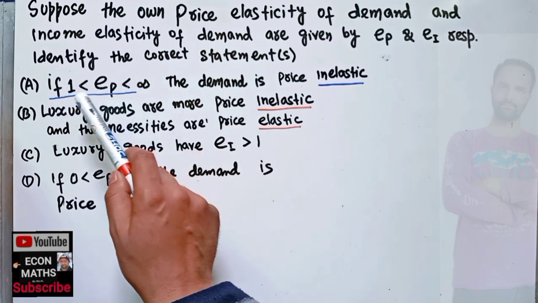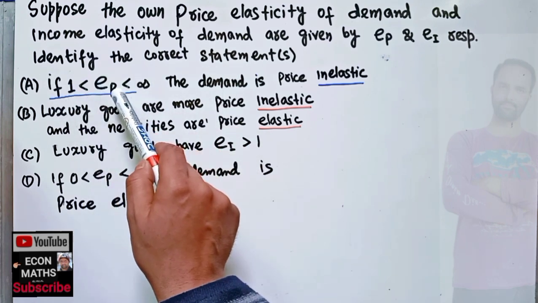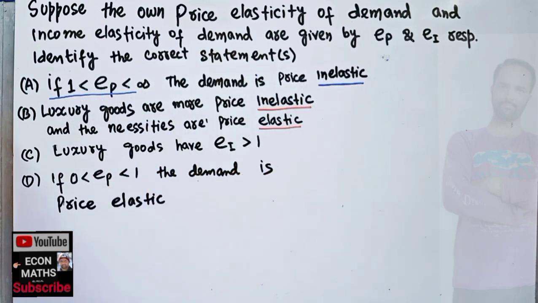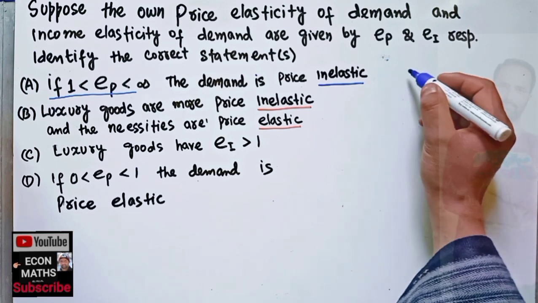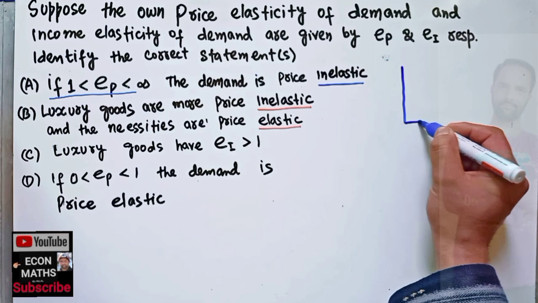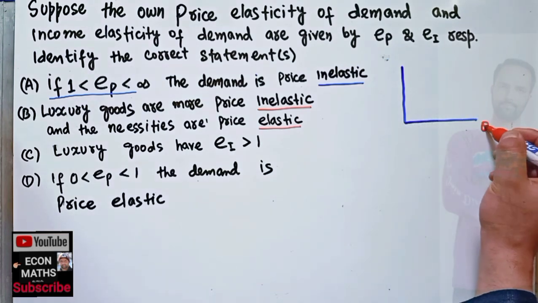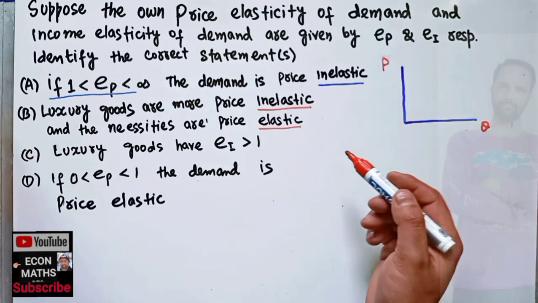It says, if price elasticity of demand lies between 1 and infinity, the demand is price inelastic. It is incorrect. Why? Let us say we have quantity on this side and price on this side.